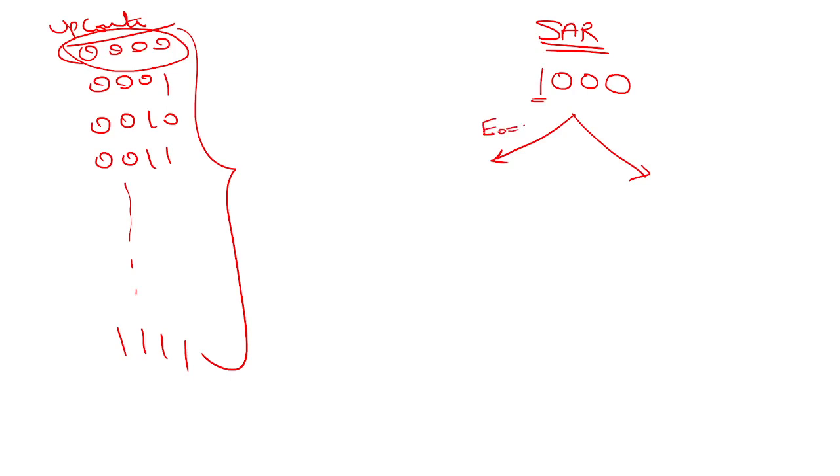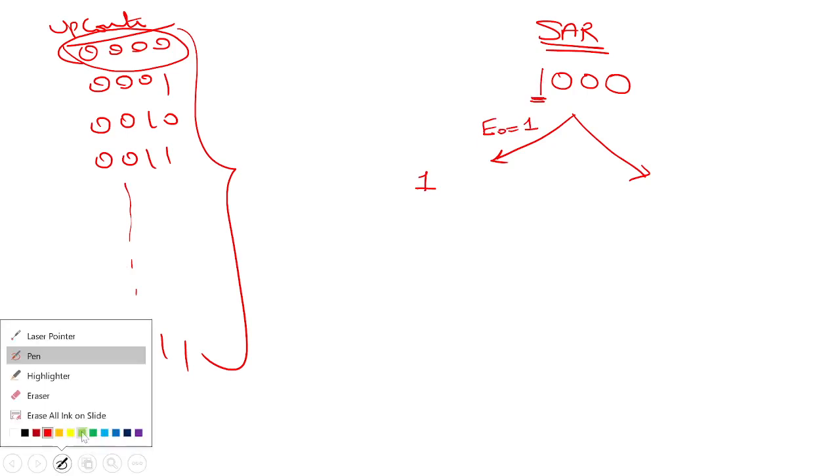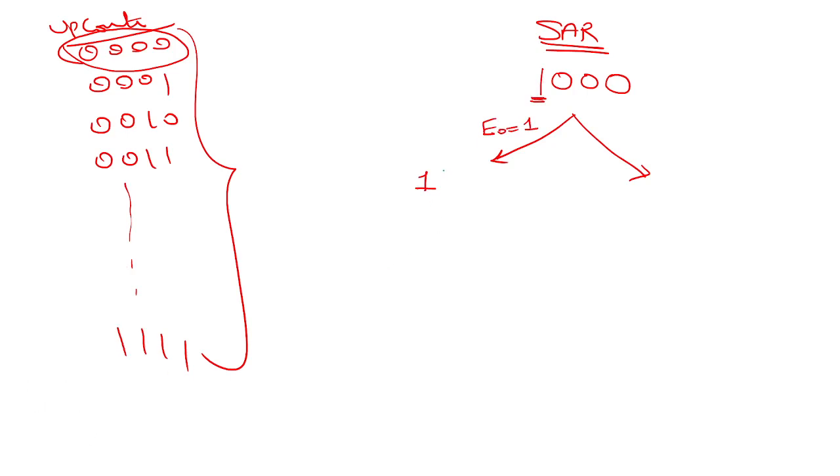If E naught is 1, what happens is it will keep this one as it is, right? It will make the next MSB, this one, right? It will make this as 1, right? And remaining, it doesn't change much. This is how the working principle of SAR is.